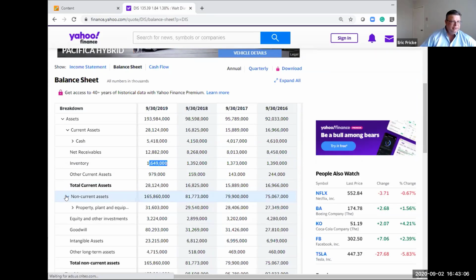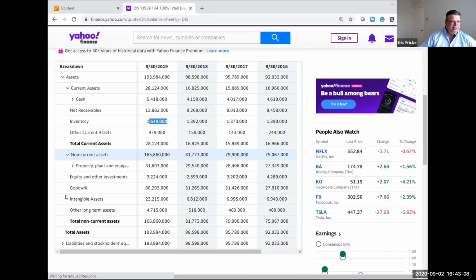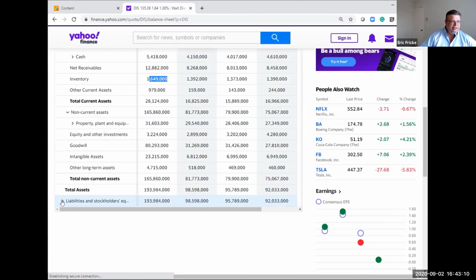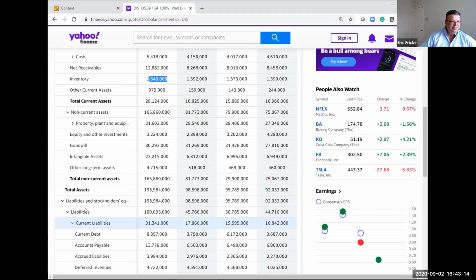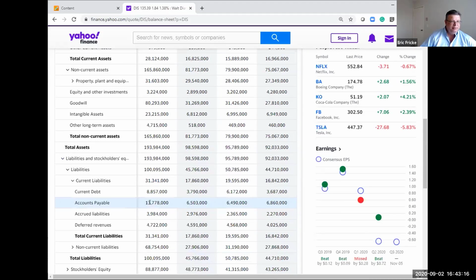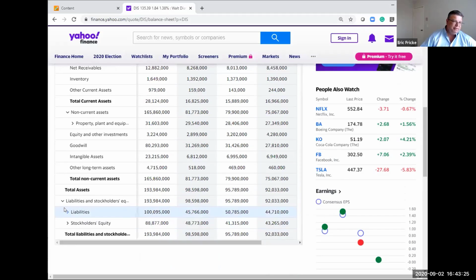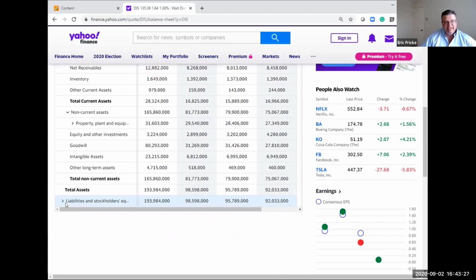And down here are current liabilities. Here's accounts payable. The tricky thing with these is you have to hit these little arrows to open up the accounts into the sub accounts so you can see the specific values.